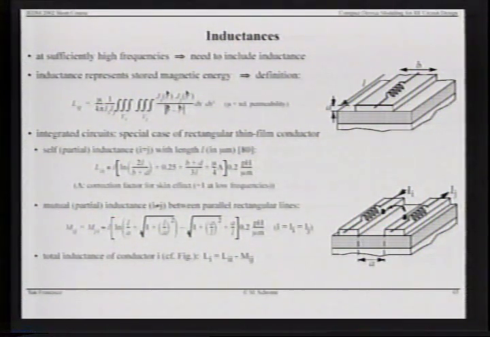So if you have a stripe here, again, a metal stripe running over insulator and substrate, and you want to calculate the inductance, for instance, then this is a general equation that tells us if we know the current density distribution in that conductor, we can calculate either the self-inductance or the mutual inductance. And these two equations here are again widely used lumped forms for calculating the inductance, in this case a self-inductance, as a function of the dimensions of that line.